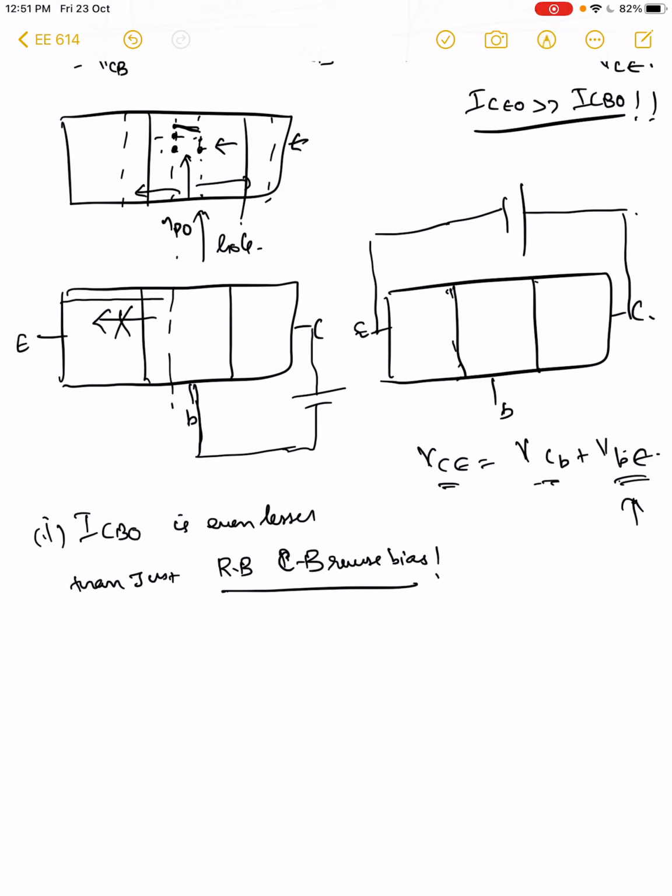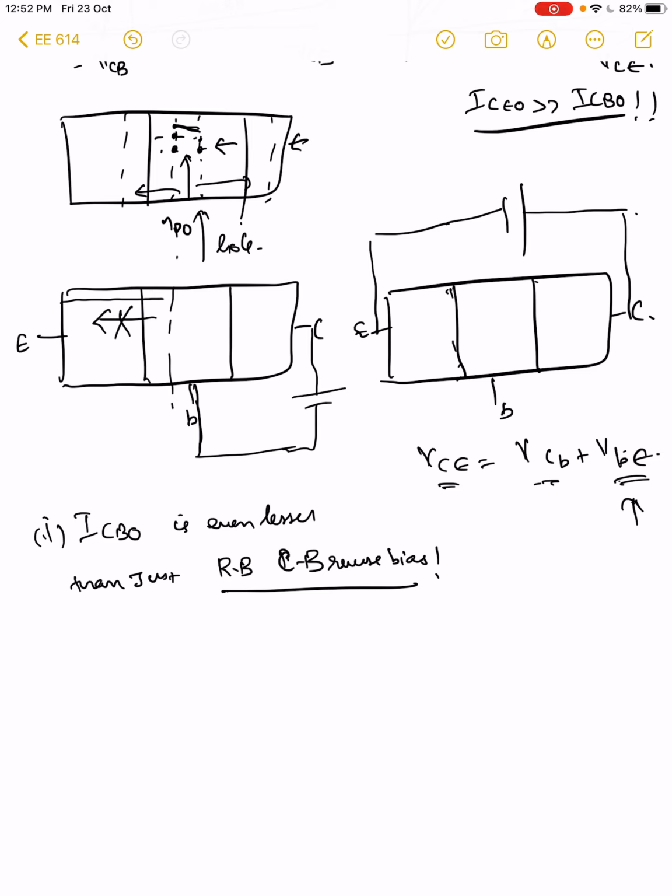So this BJT with the emitter open has a current which is even lower than the reverse bias current that you will achieve with a simple collector base junction reverse bias. The reason is that you have significantly reduced the region of diffusion, because you have a junction which is open, so you do not have an electron gradient on the emitter side, and you will have some electron gradient on the collector base side which is much smaller than what it was before.